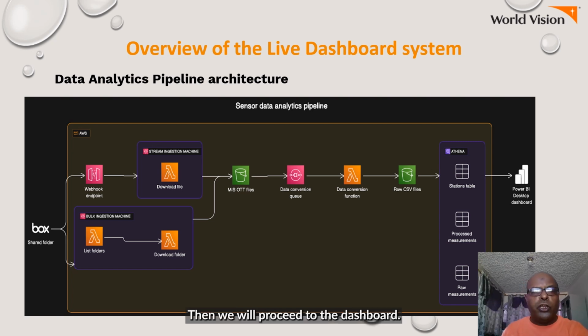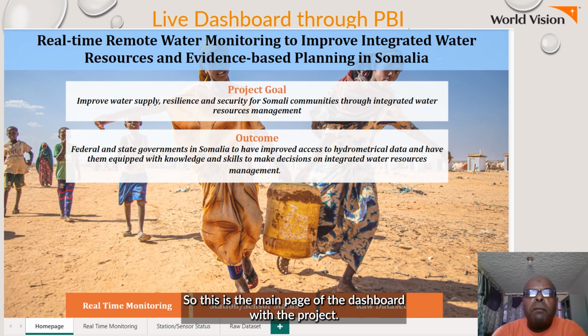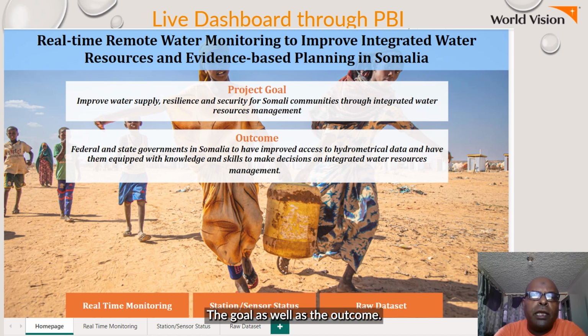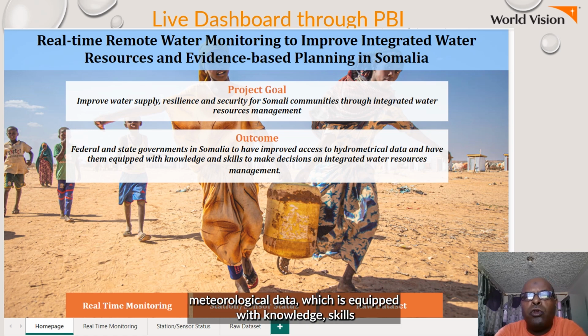Then it proceeds to the dashboard. This is the main page of the dashboard with the project goal as well as the outcome. The outcome is for the government to have improved access to hydrometeorological data, equipped with knowledge and skills for decision making for integrated water resource management.